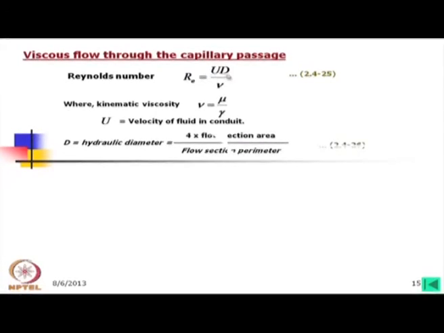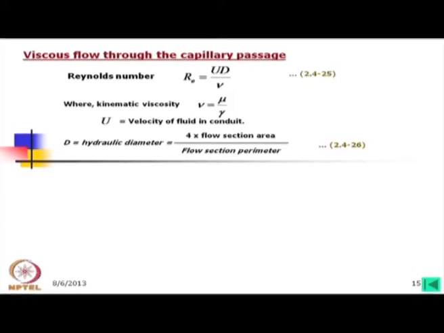Normally this Reynolds number becomes very high, where d is the hydraulic diameter, that is equal to 4 into flow section area divided by flow section perimeter, whatever the area may be. Let us consider a circular one.